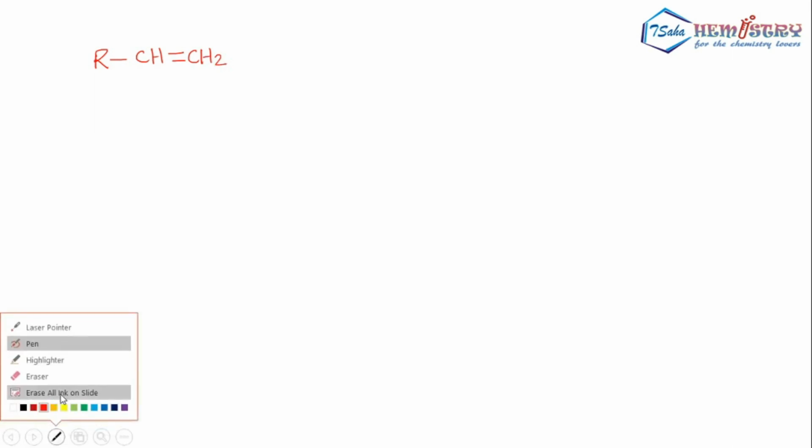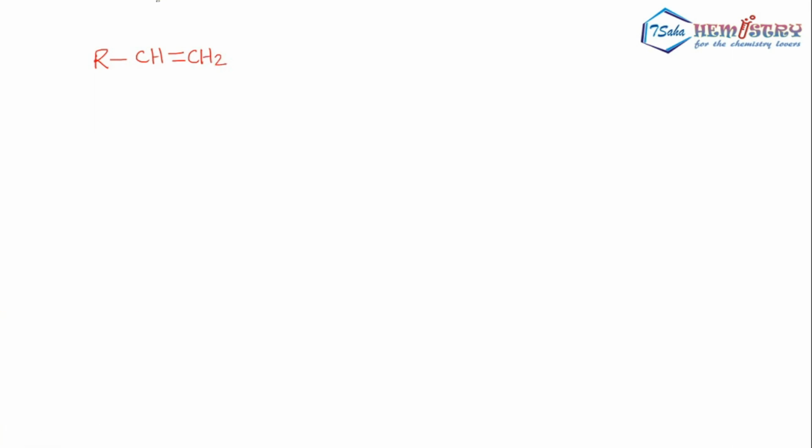Now suppose you have a group like this, RCH=CH2. Looking at this particular carbon, it has a double bond with another carbon. Similarly, this carbon also has a double bond with another carbon.